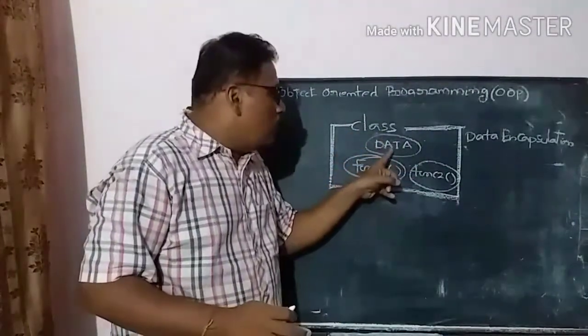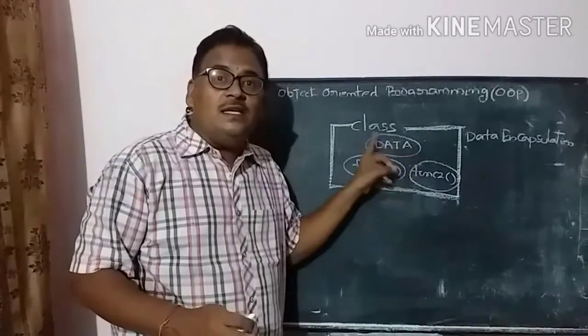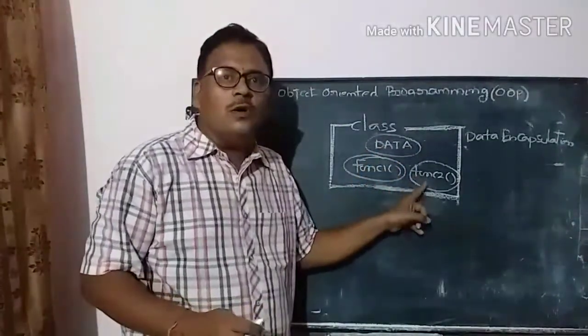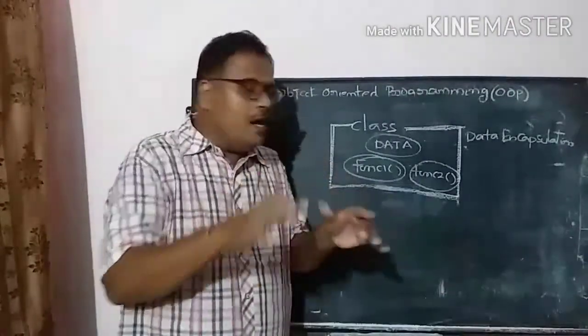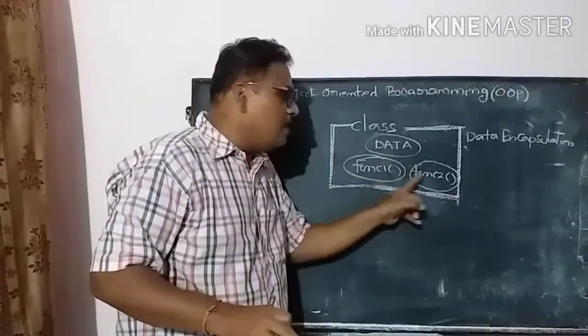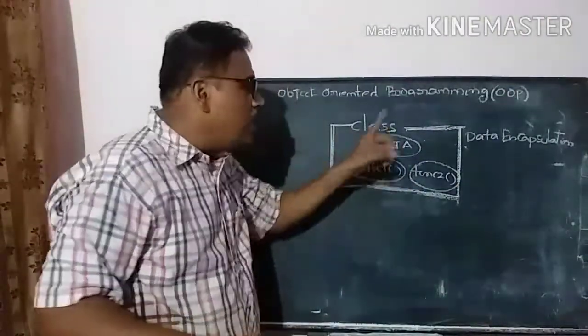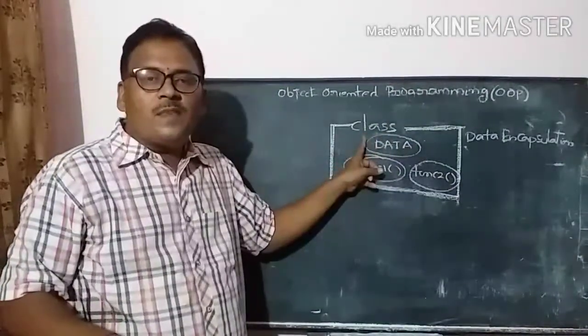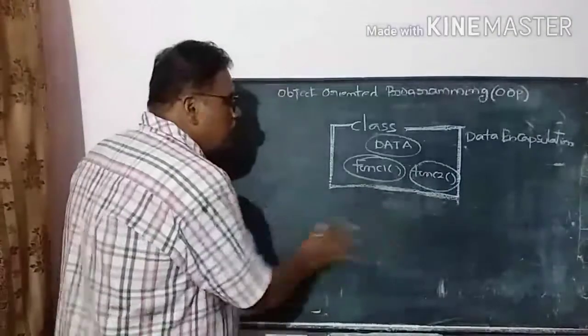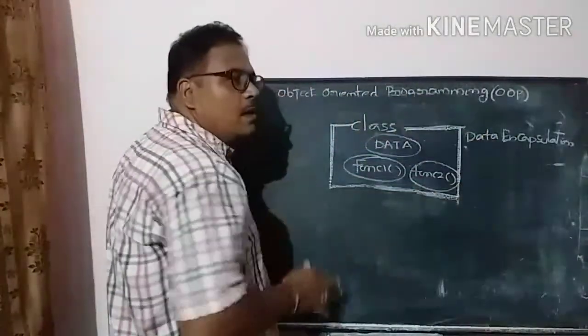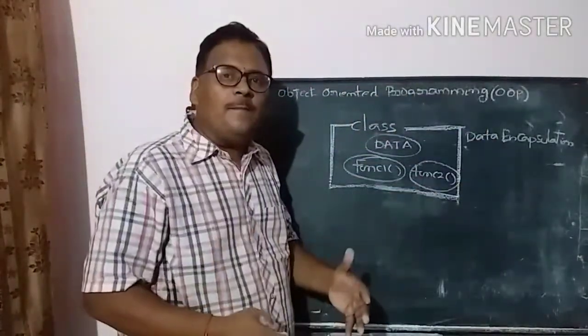So for which purpose is this particular data used? For function 1 and function 2. So function 1 and function 2 are put together with the data into one unit, that is a class. Here data cannot be visible to the outside world. But how can we utilize the data?